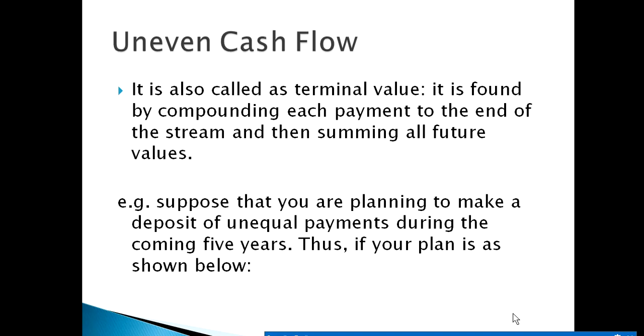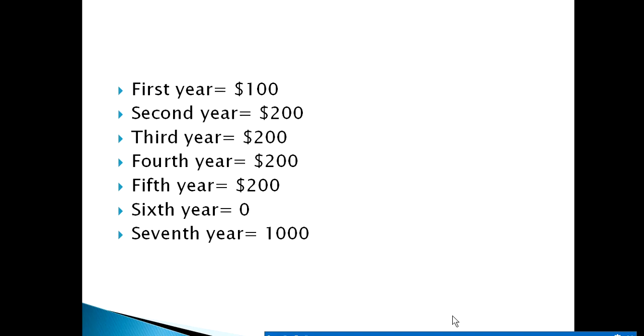suppose that you are planning to make a deposit of unequal payments during the coming 7 years. Thus, if your plan is as shown below, in the first year, you are going to make a deposit of $100.